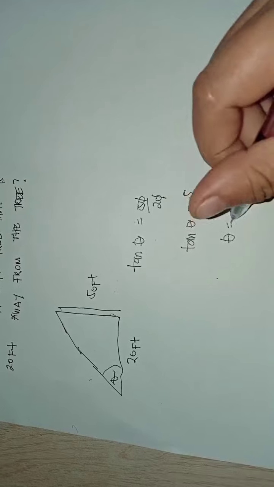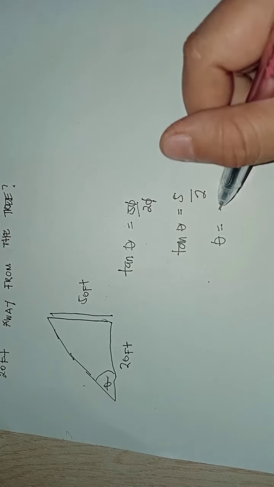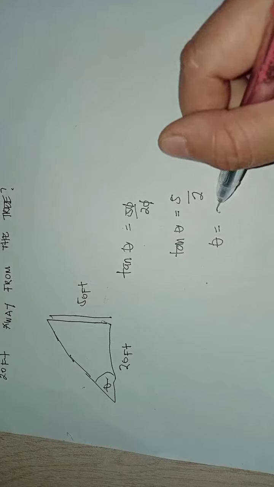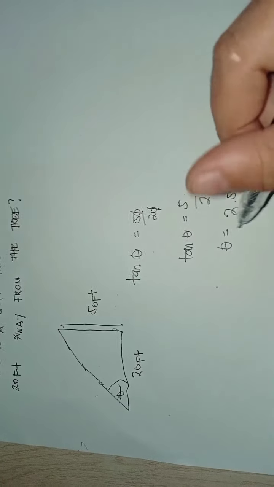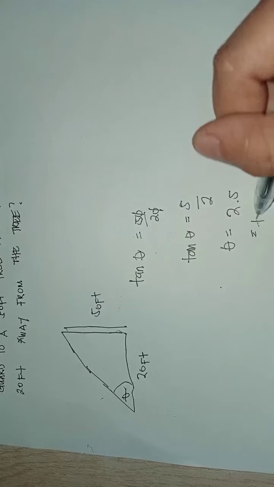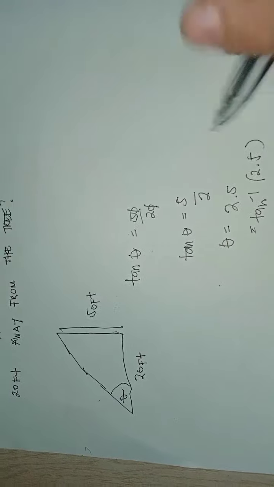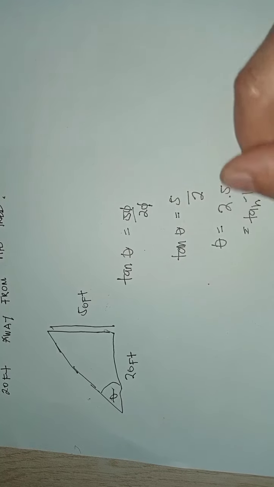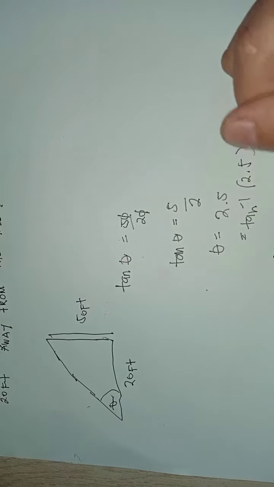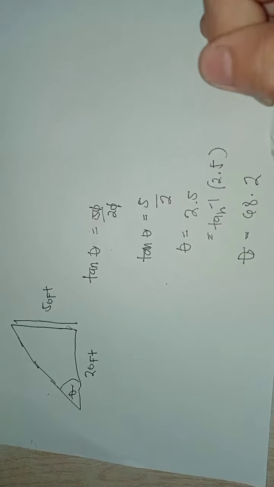Theta is equal to, we use the inverse of 2.5, that will be tangent inverse of 2.5, and if we calculate that, the result will be 68.2. So that's all, guys, on how to calculate the problem of angle of elevation. We use the tangent formula. Thank you.